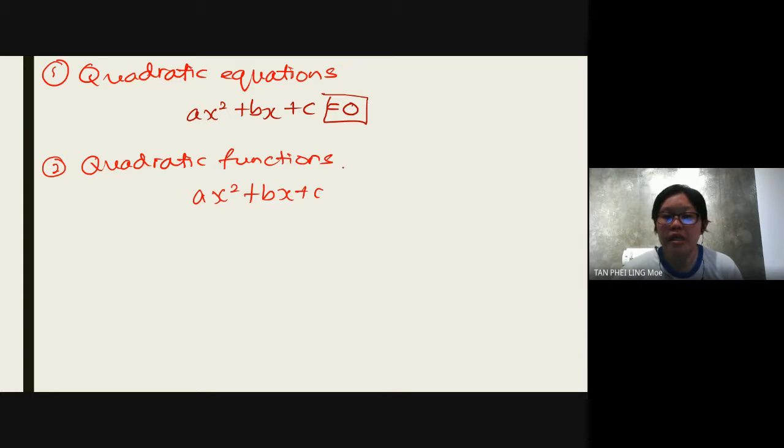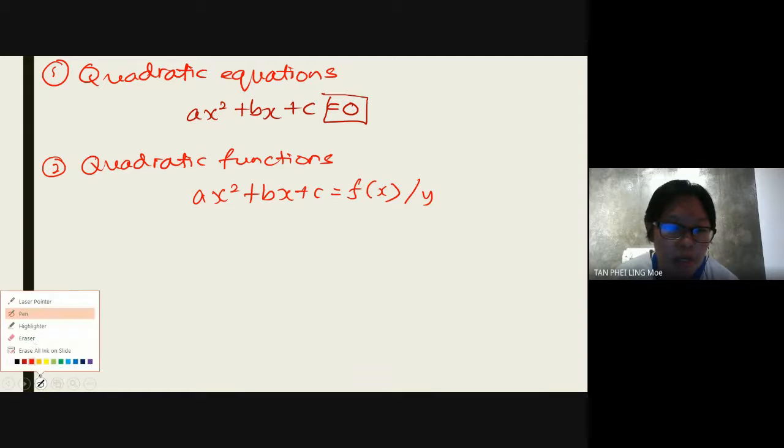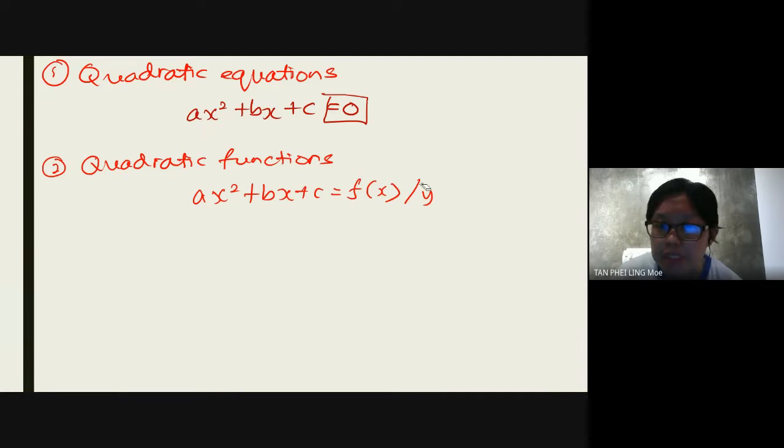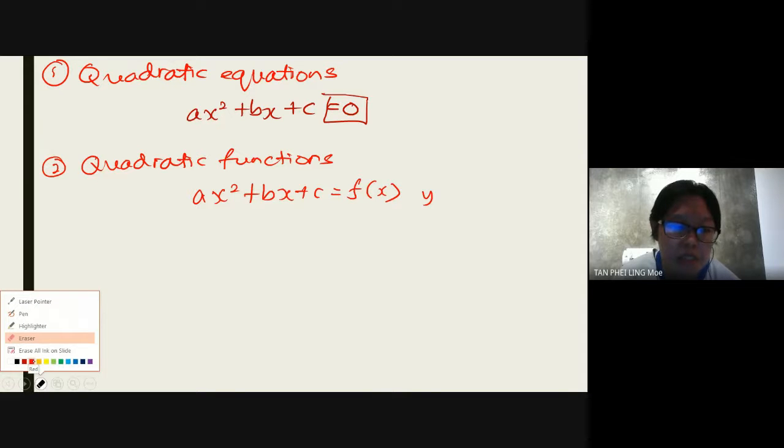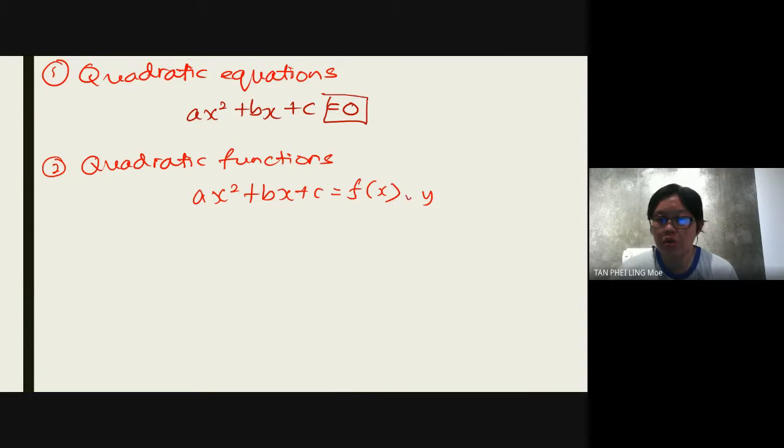But instead of writing it equals to 0, I'm going to write it equals to f(x), or I will write it equals to y. Why? Because that is the main difference between them: either they are equal to 0.